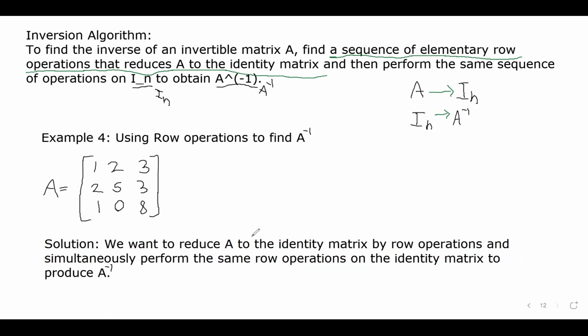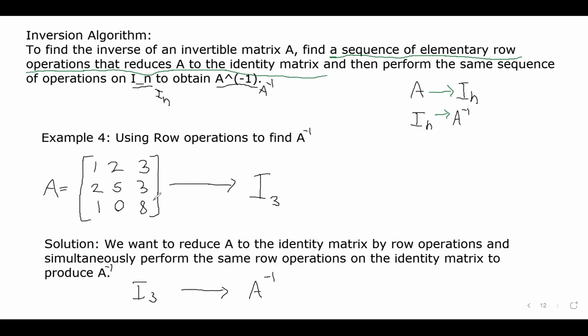So we want to reduce A to the identity matrix by row operations, and simultaneously perform the same row operations on the identity matrix I sub 3 to produce A inverse.